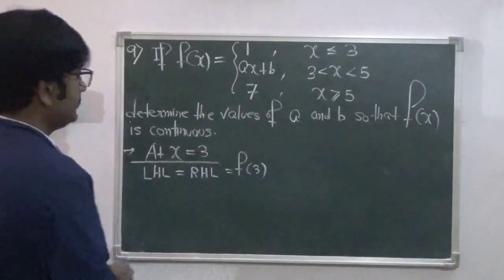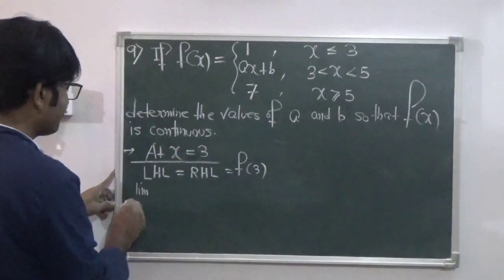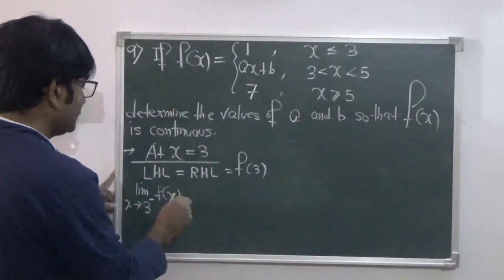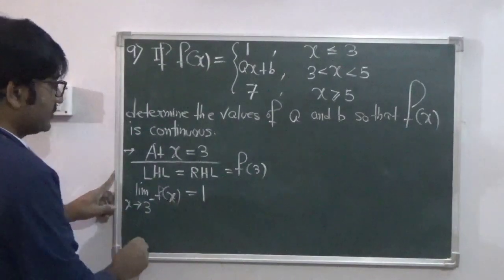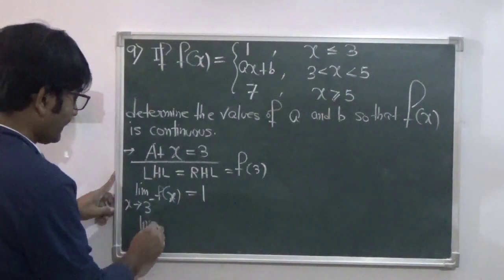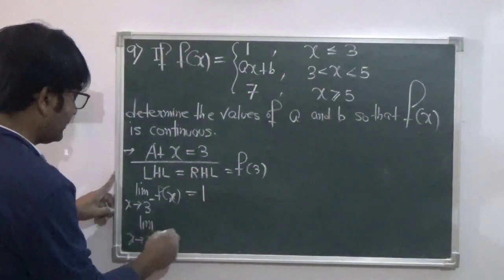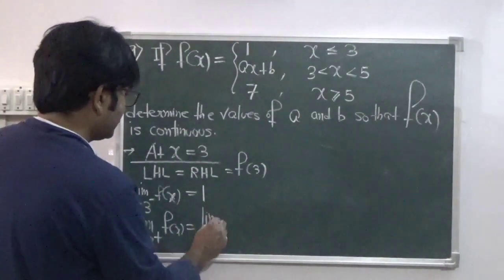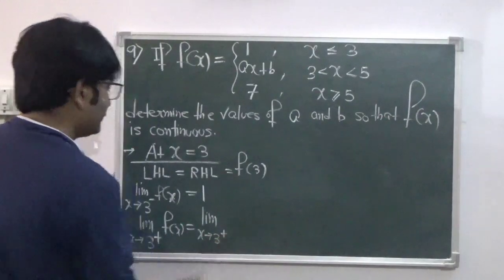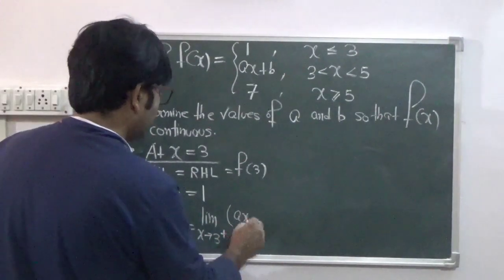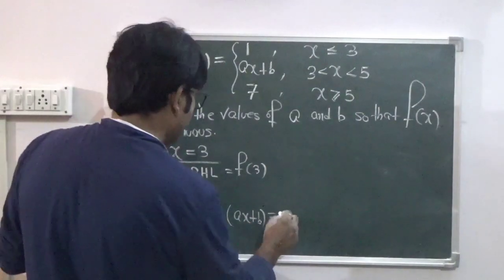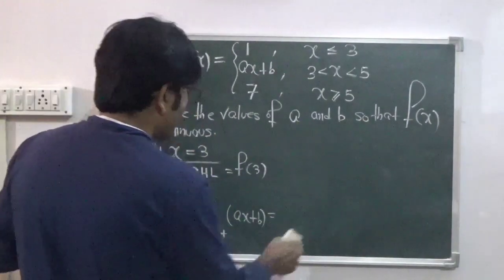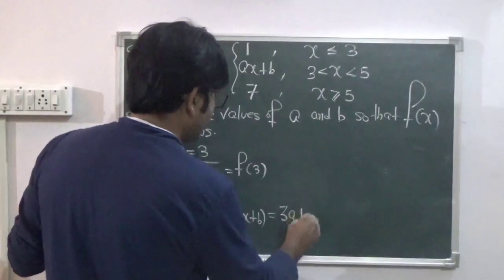So the left hand limit is the limit as x tends to 3 negative of f(x), and that is 1, and the right hand limit, x tends to 3 positive of f(x), is the limit as x tends to 3 positive of ax plus b, that is equal to 3a plus b.